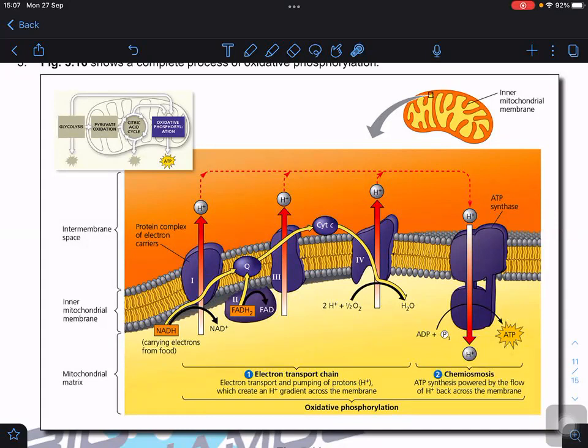Some students ask me, what is chemiosmosis? Now, osmosis we have learned before, right? Osmosis is the passive movement of water molecules from high water potential to low water potential, across the selectively permeable membrane of phospholipids.